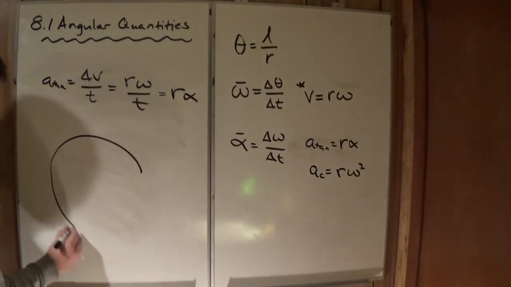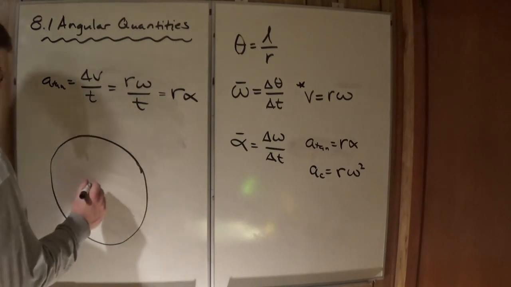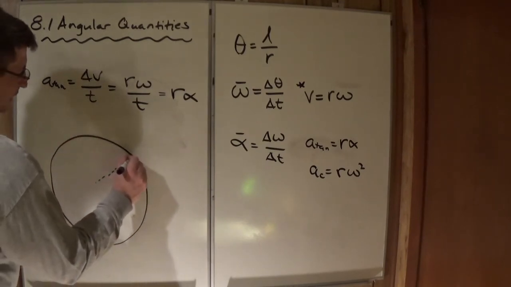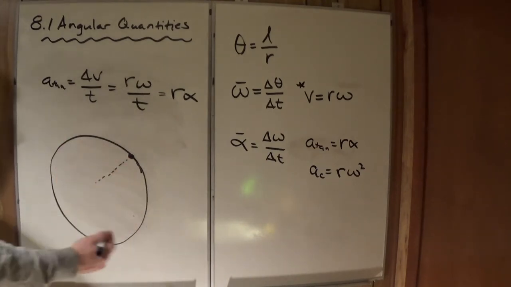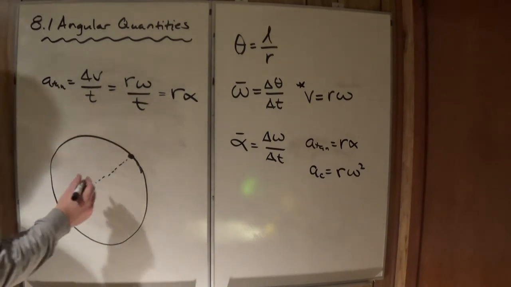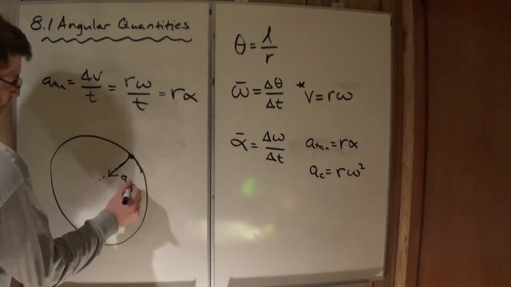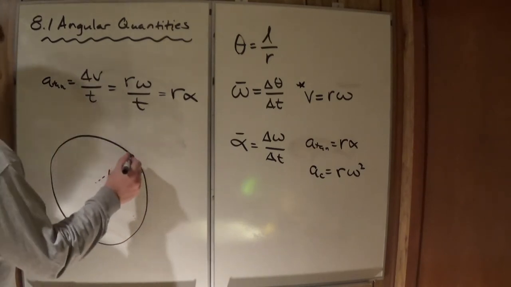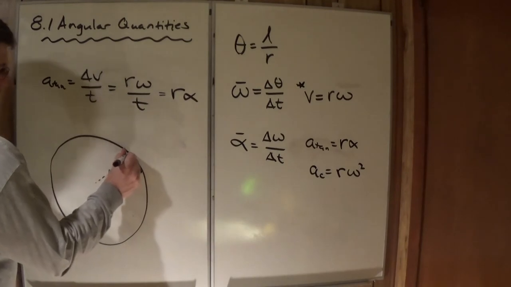Now here's a catch. When we're going around a circle, we have to remember that when something is spinning, it will always undergo centripetal acceleration. In order for the object to be moving in a circle, there has to be centripetal force, and therefore there must be centripetal acceleration. So this point is undergoing centripetal acceleration. Now if this is also speeding up, then there will also be some tangential acceleration.